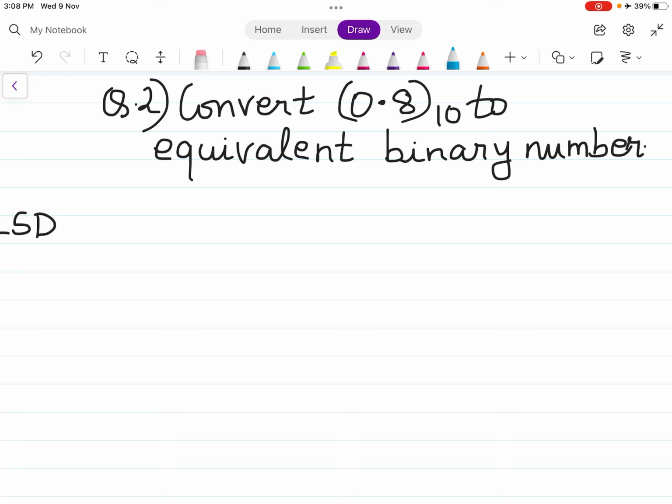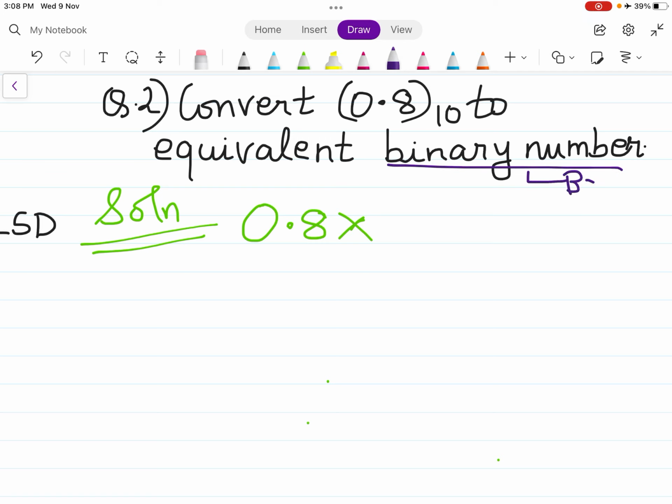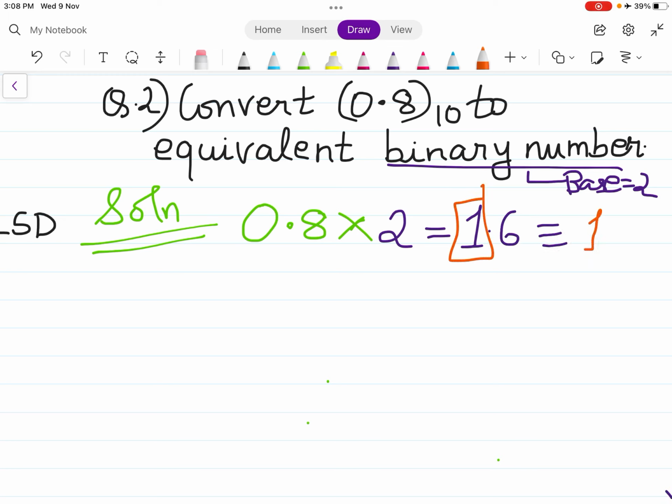Again the same procedure. Solution: first we will multiply the given fractional number by its base or radix. Since it is a binary number, the radix will be 2. So 0.8 into 2 is 1.6. The carry generated is 1, and we take only the fractional part, 0.6.